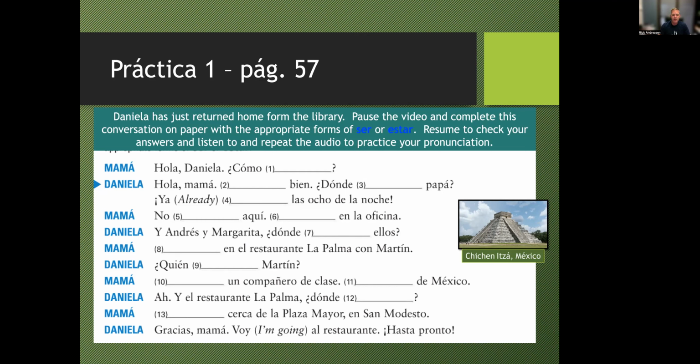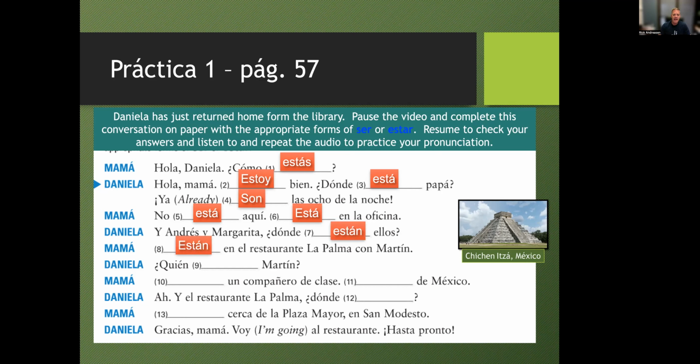Hola, Daniela, ¿cómo estás? Hola, mamá, estoy bien. ¿Dónde está papá? Ya son las 8 de la noche. No está aquí. Está en la oficina. ¿Y Andrés y Margarita? ¿Dónde están ellos?